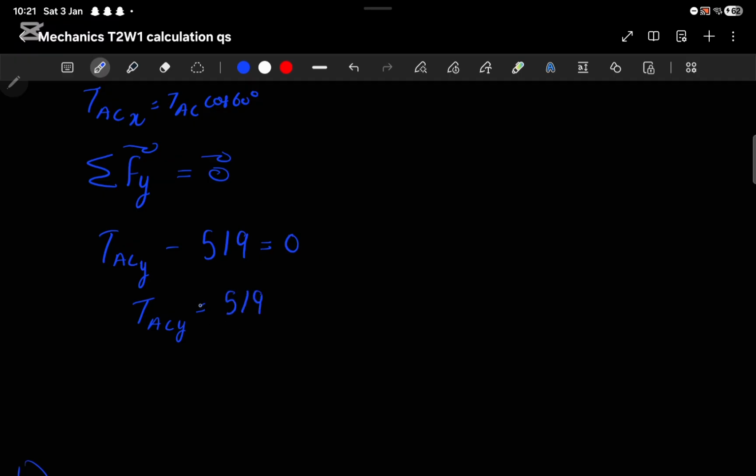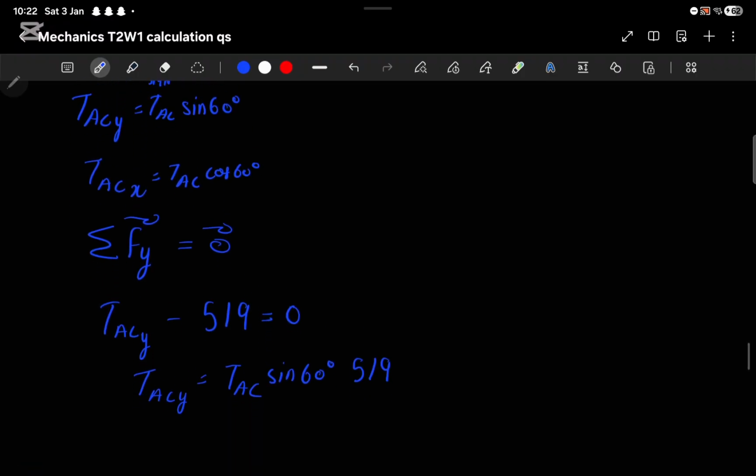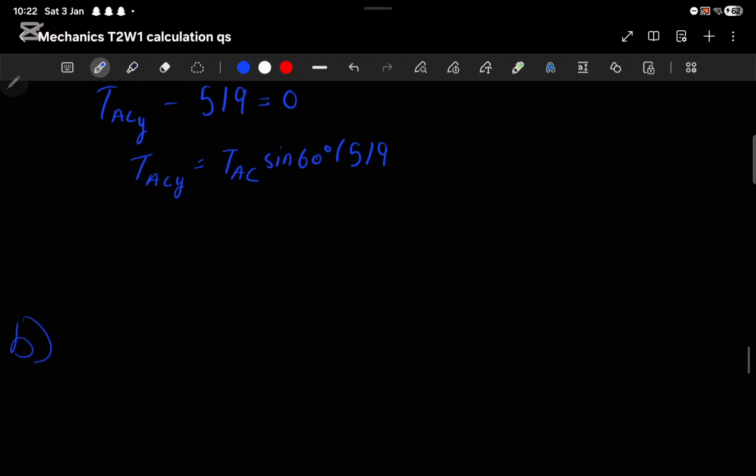Now, remember TACy is TAC sine 60, so TAC sine 60 equals 519.